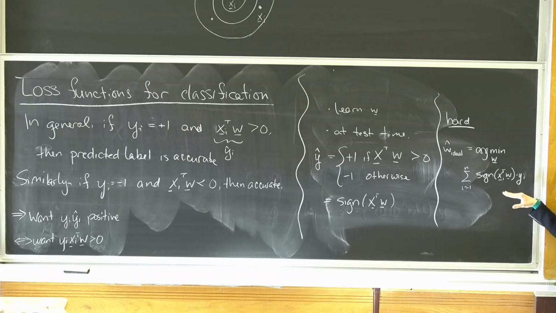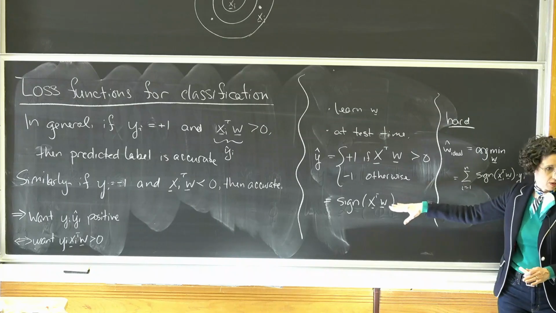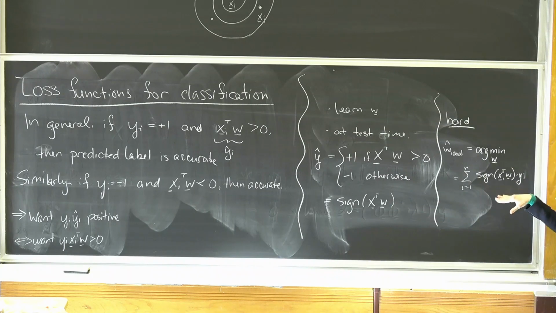If I wanted to put the sign into my loss function and then optimize over W's that are inside the sign function, that's when I have a problem. So I have no problem at test time whatsoever. It's only when I'm trying to search over W's that this is a problem. Does that make sense? Yeah, I was asking why does that make it harder?